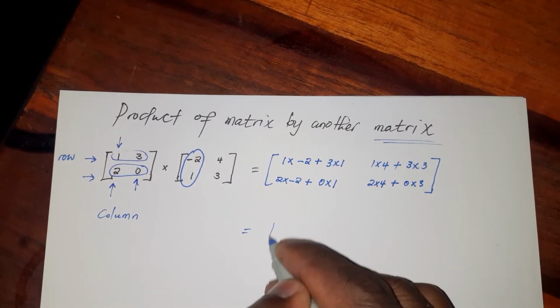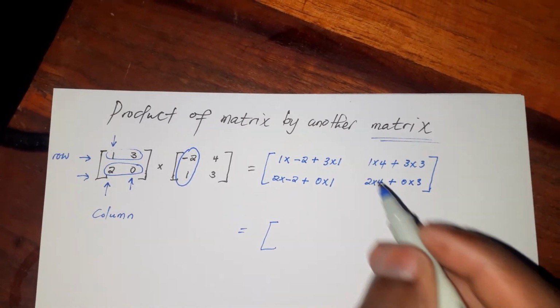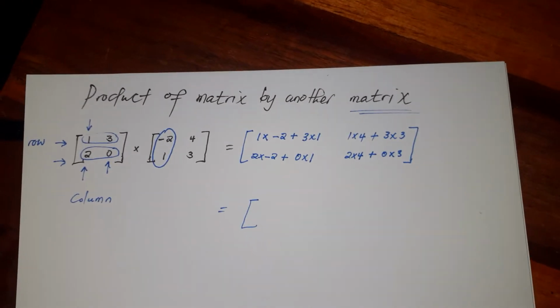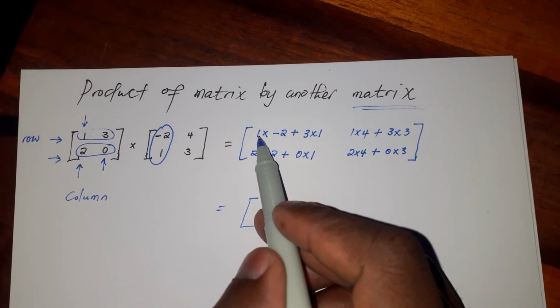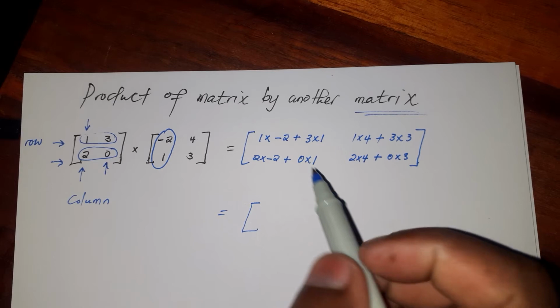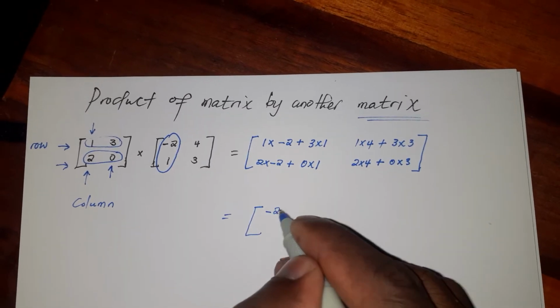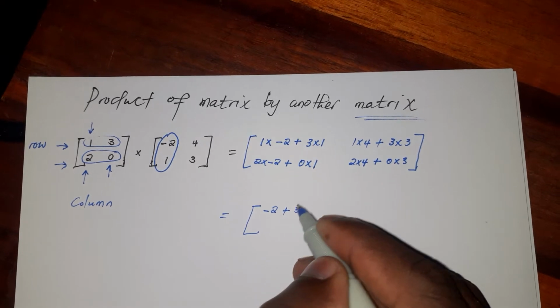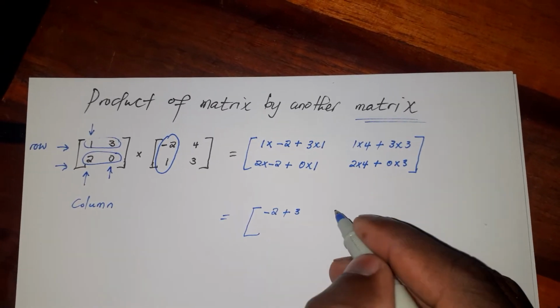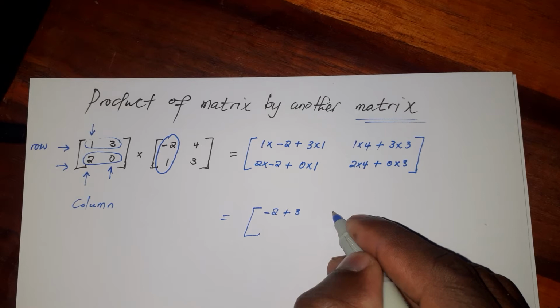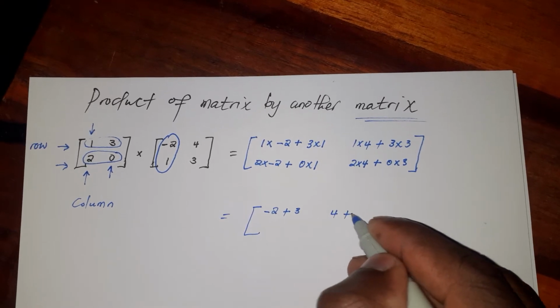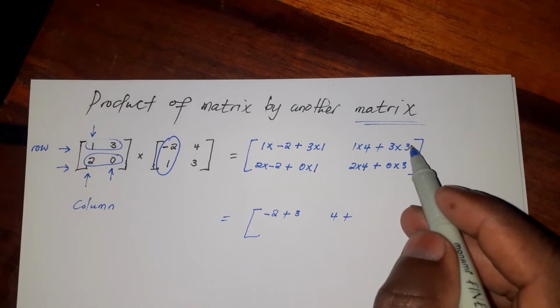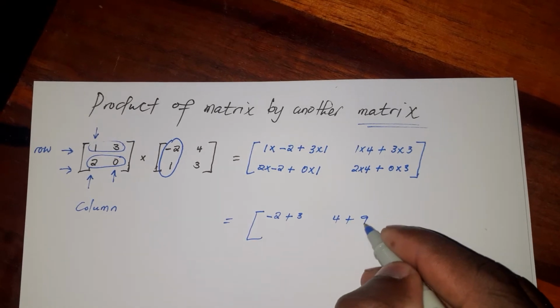Say equal. Now we need to simplify that. +1 times -2, we get -2. Say plus 3 times 1 is 3. Here we have 4 times 1 is 4 plus 3 times 3 is 9.